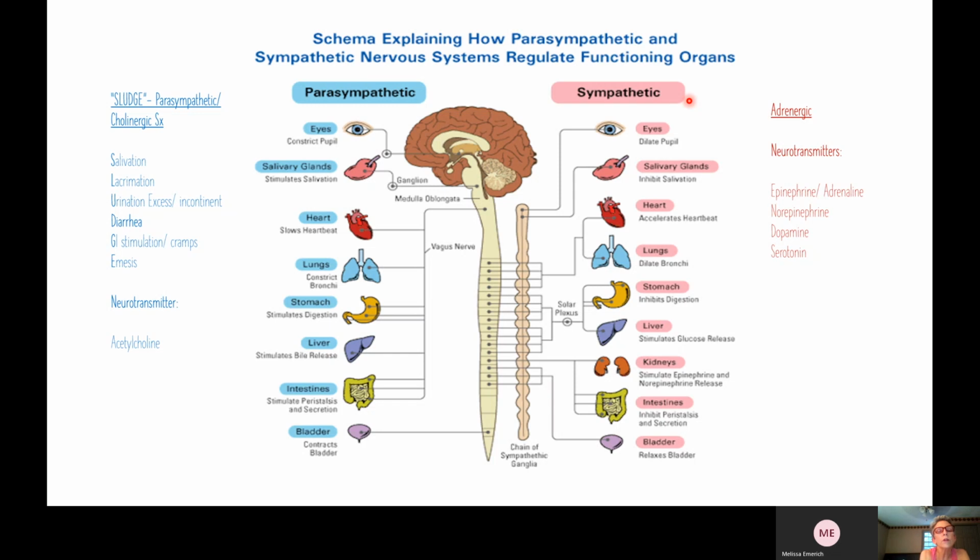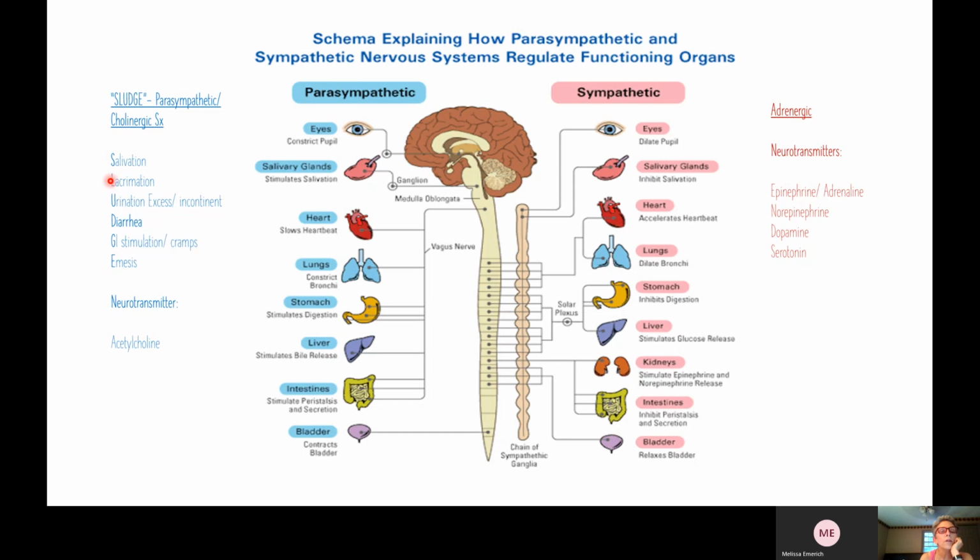I'll touch quickly, since I'm over here on the parasympathetic. When you think of parasympathetic or cholinergic stimulation, think SLUDGE. Sludge is fluidy, and it is the acronym that means that when the parasympathetic system is stimulated, you're going to have salivation, L, lacrimation, you're going to get tears, urination, excess, meaning that you're going to possibly become incontinent, diarrhea, G is GI stimulation and cramps, and E is emesis.